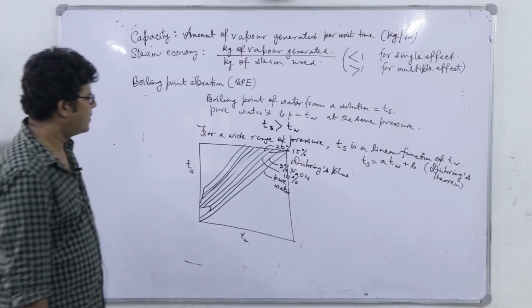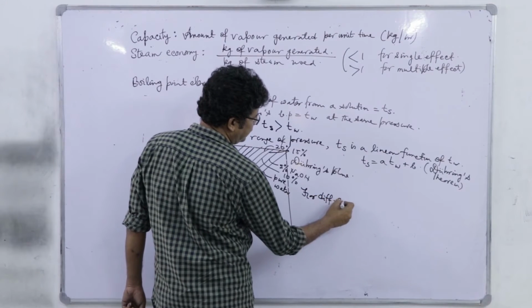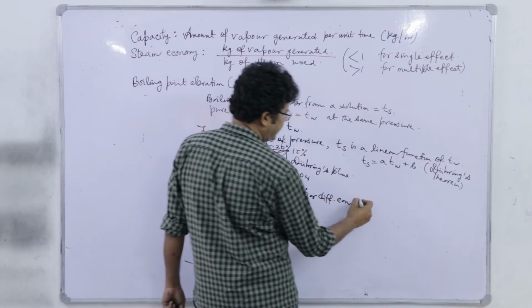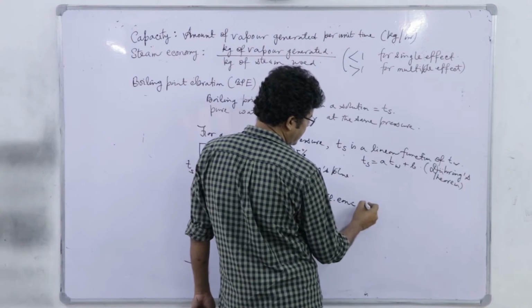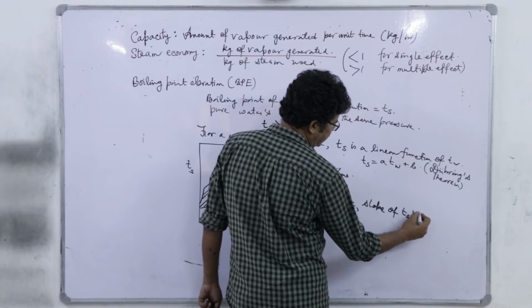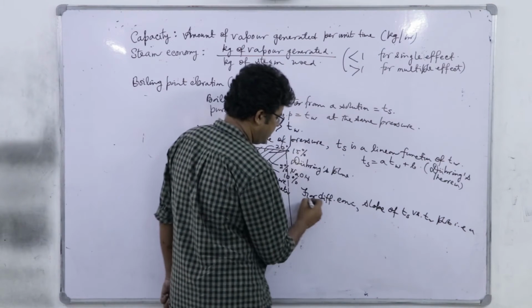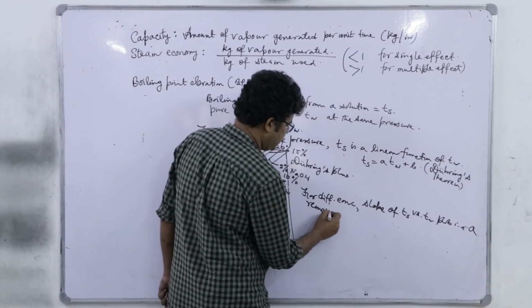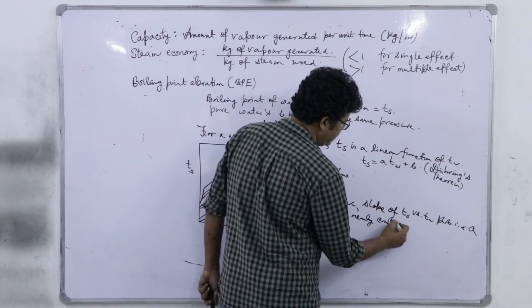So, what we see is that for different concentrations, the slope of the Ts versus Tw plot, that is A, remains nearly constant, right?